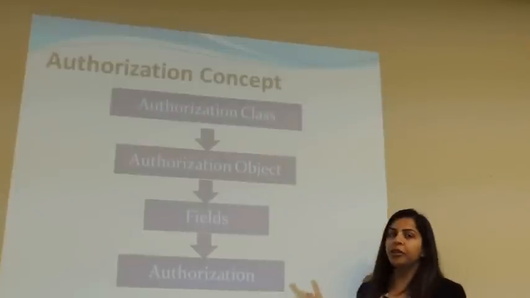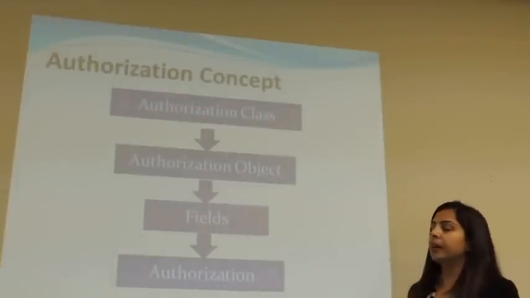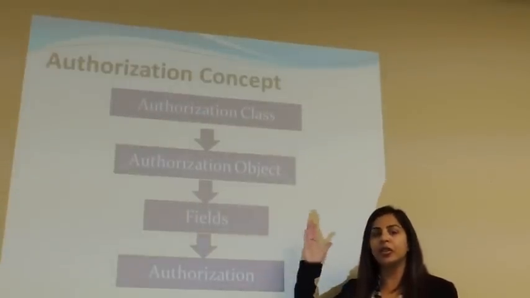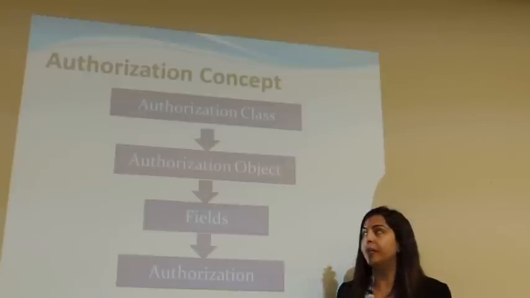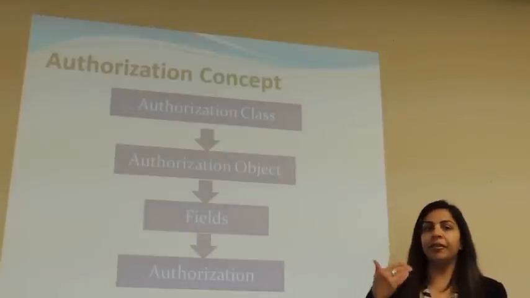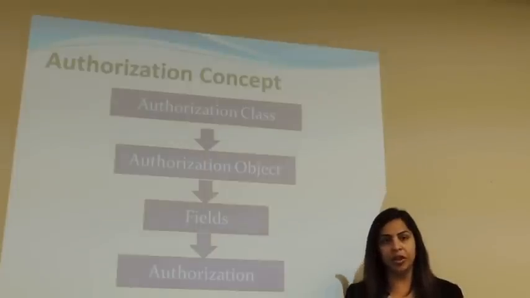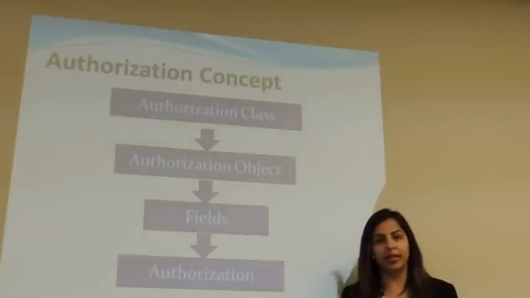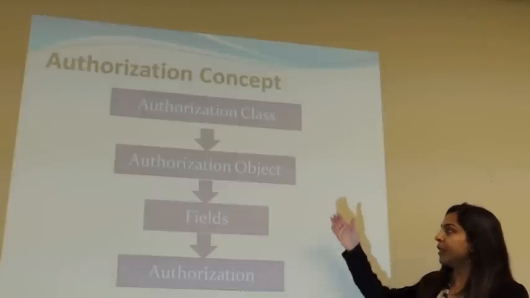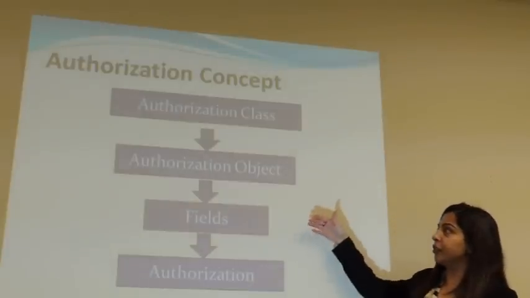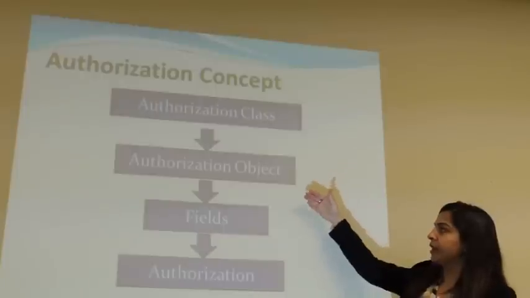So to explain this further, I will include an example. For example, our authorization class in this case is HR. HR has different objects under it. Well, one of them is personnel administration, another one is organizational management. For example, we take these two objects under the HR class.